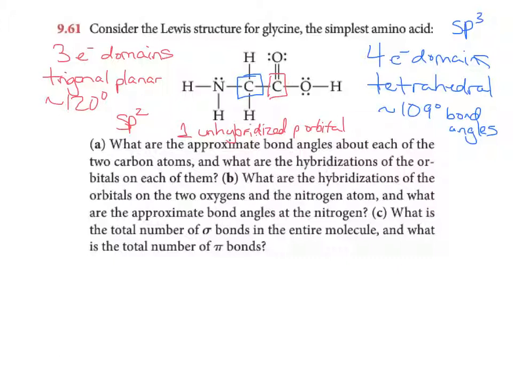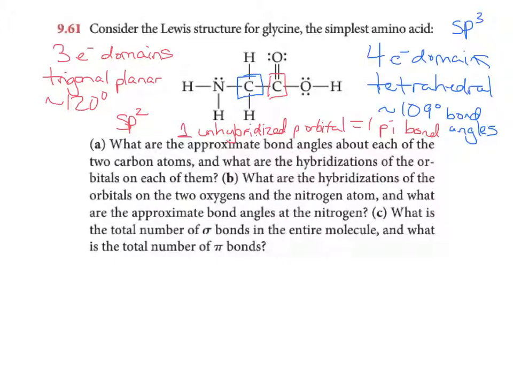So if I've got one unhybridized p orbital, what can I do with it? I can make a double bond because I know that a double bond contains what kind of bonds? How many sigma, how many pi? Yeah, so specifically that unhybridized p orbital is being used to make the pi bond, so p orbital, pi bond. So I can tell that it's okay for that carbon to have that double bond because it's got one unhybridized p orbital that it's using to make that pi bond. Any questions about that language?